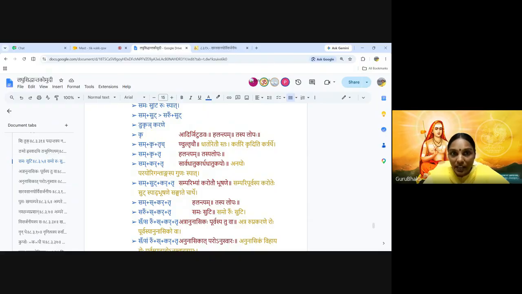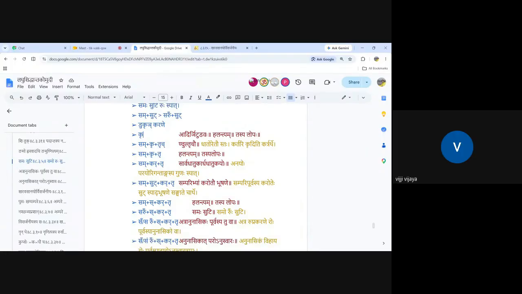Dukrun karane is the dhatu. Dukrun is the dhatu. So we all are familiar with the dukrun. In this dukrun, what happened to this nakara? Halantyam tasya. Halantyam and then tasya lopa.